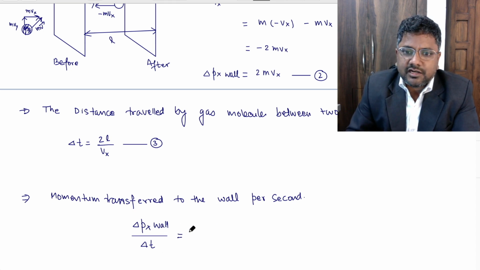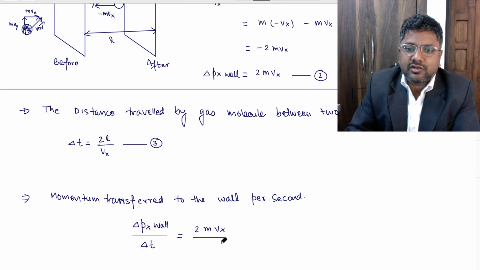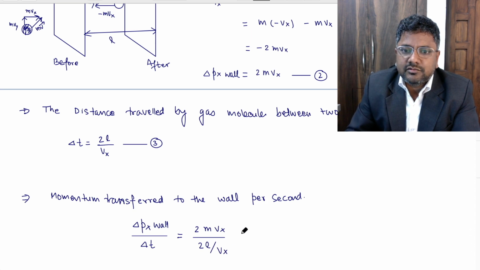You can write 2mVx divided by delta t, which is 2L by Vx. So you can write here mVx square by L. So this is equation 4.